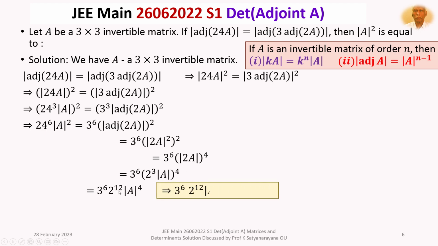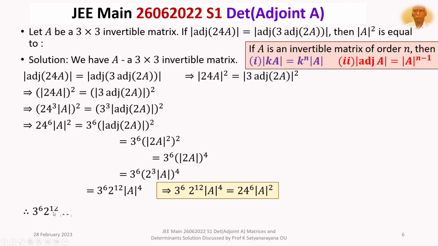So that means 3 power 6, 2 power 12, determinant of A to the power of 4 is equal to 24 to the power of 6, determinant of A square. Now determinant of A is not equal to 0 because it is invertible. So cancel determinant of A square on both sides.